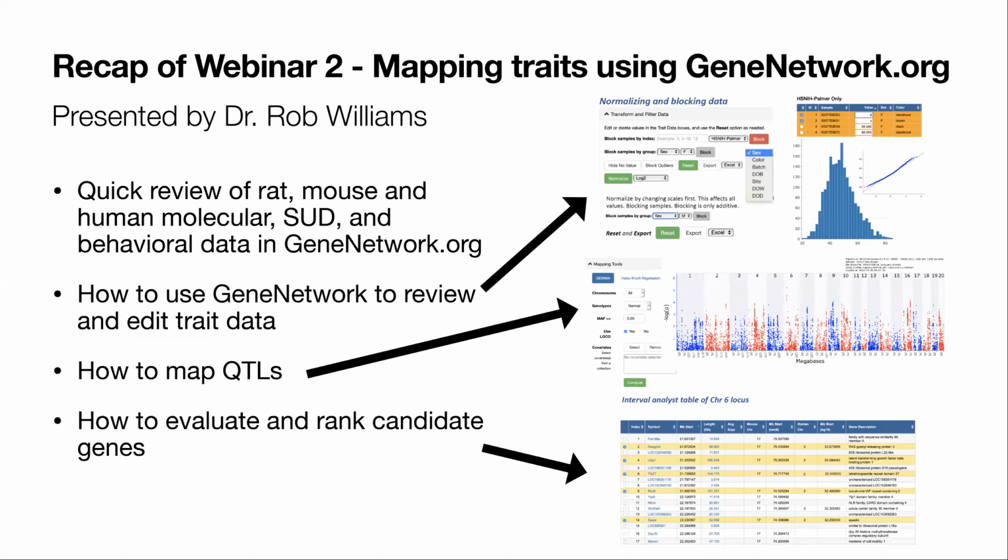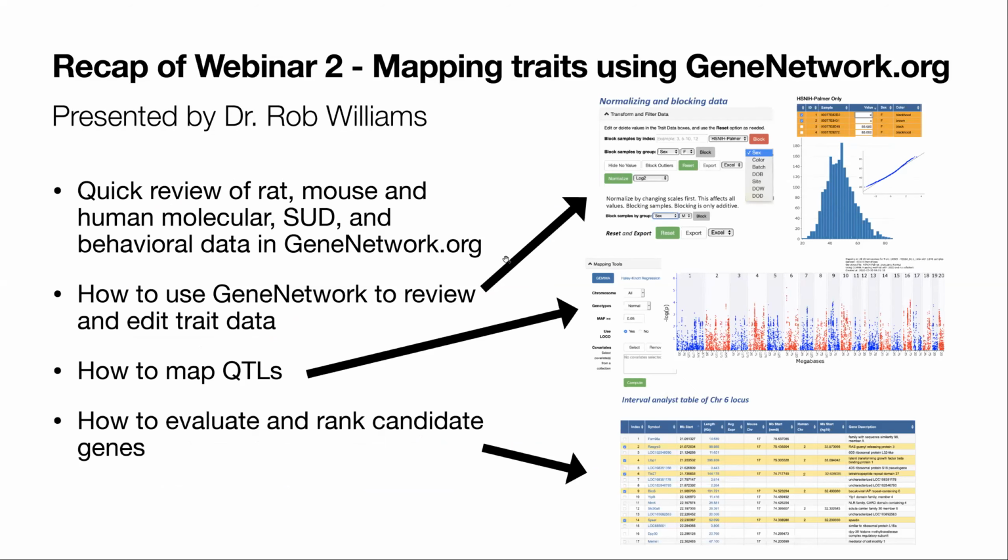Then for webinar 2, Rob built on this knowledge of QTLs and showed us how to do it within GeneNetwork. He gave us a review of rodent models and human models looking at substance use disorder.